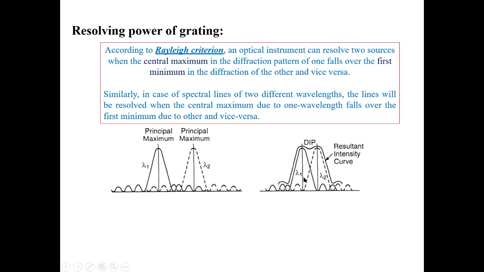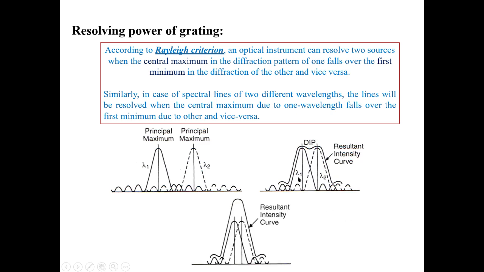As the difference decreases, the principal maxima come close together, and this is the minimum limit in which both will give different principal maxima. In this limit, the maxima of one wavelength falls over the first minima of the second wavelength. So in the final image a dip is observed, and this dip can distinguish between lambda 1 and lambda 2.